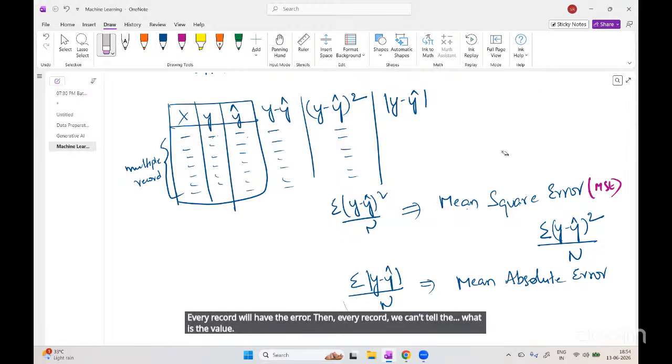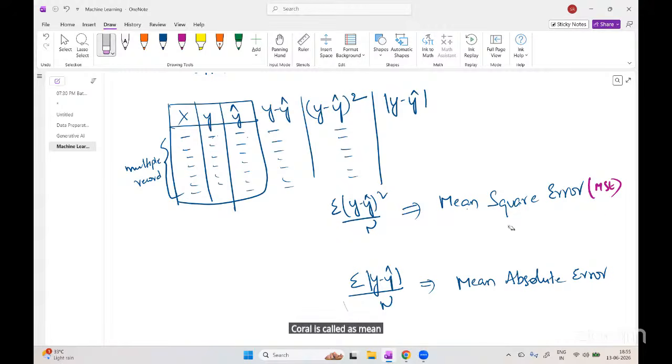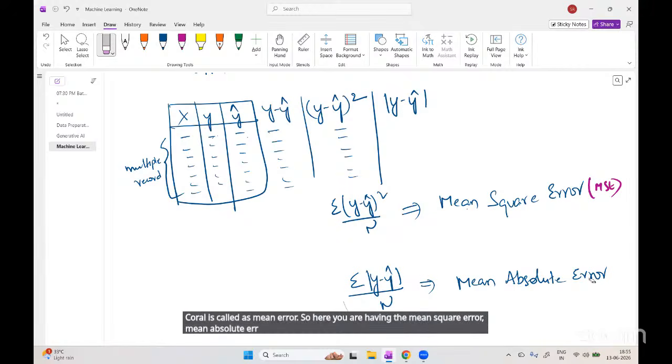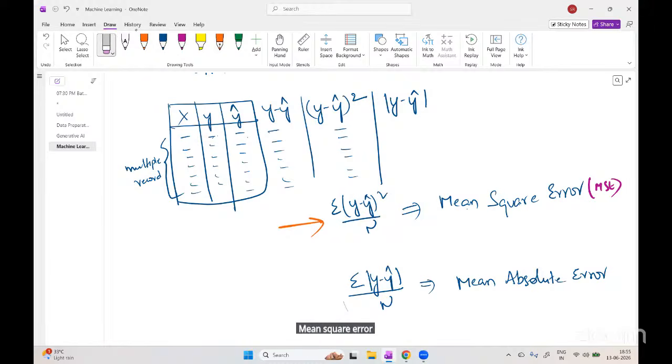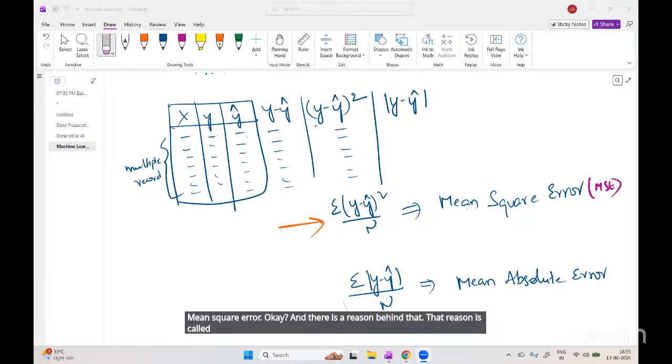So overall, we have to say the overall error, which is called the mean error. So here you are having the mean square error and the mean absolute error. Out of which we are going to consider mean square error. Okay, and there is a reason behind that. That reason is called the differentiation problem, which I am going to explain further, one by one, in sequential order.